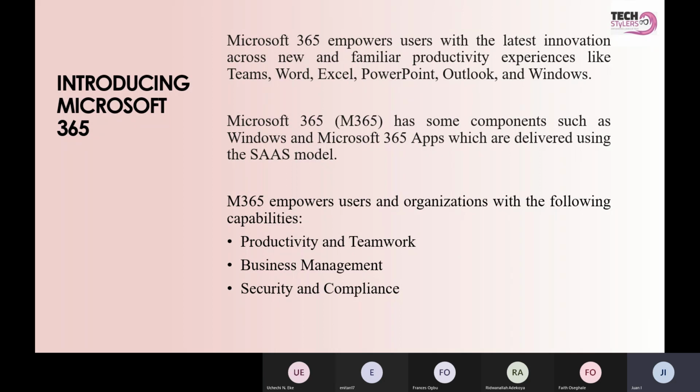So all of this is delivered over the cloud. You can connect to the service on any device, anytime, so long as you're connected to the internet, right? Microsoft 365 has some components: we have Windows, and then you also have Microsoft 365 apps. Windows, like the Windows operating system, Windows 10, Windows 8, and all of that, right?